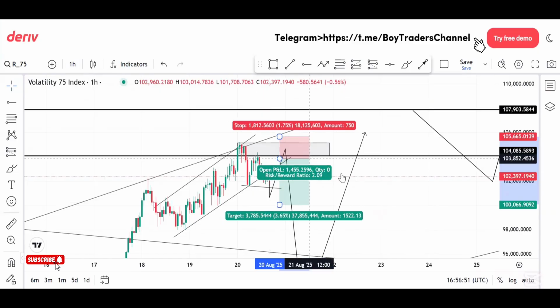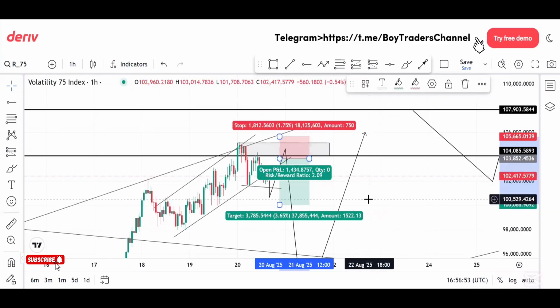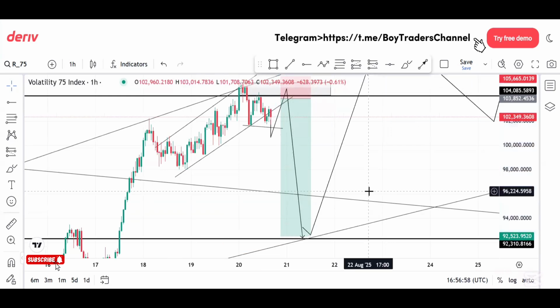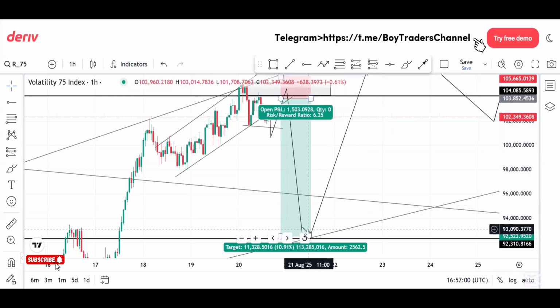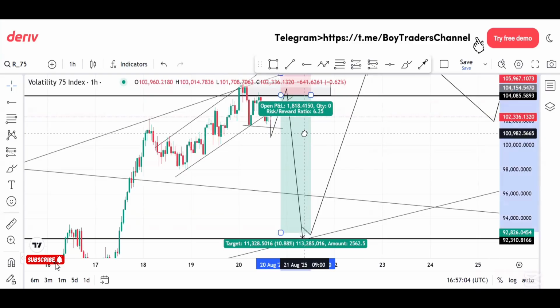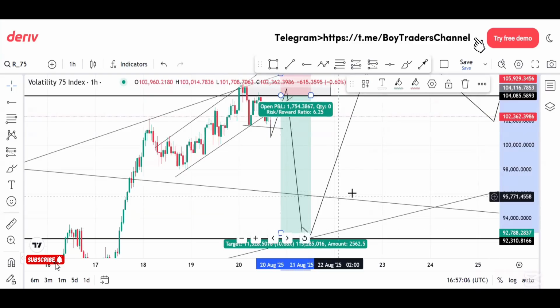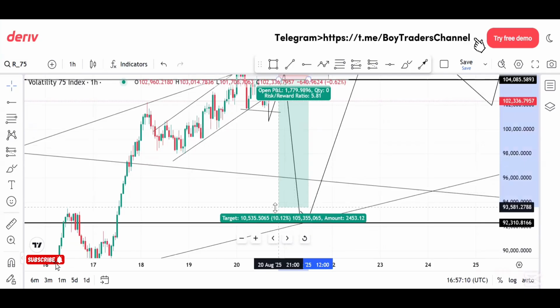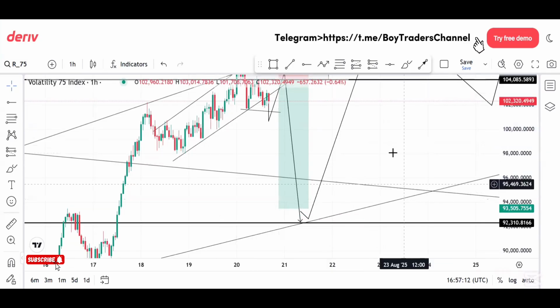Entry points there. Then having a target of this point. This is over 11:1 risk to reward. Let's say 10:1 risk to reward. That's you risking about $100 to get $1,000 if you are to catch these long sells from this point.